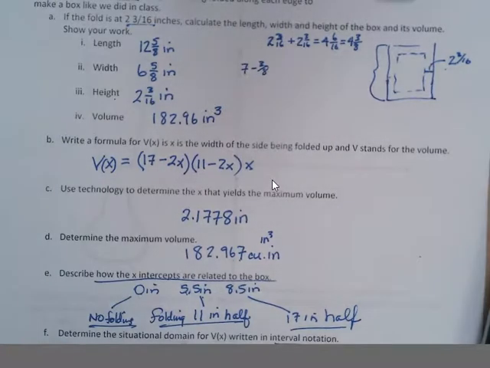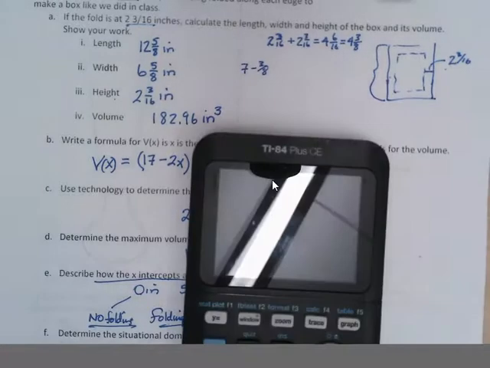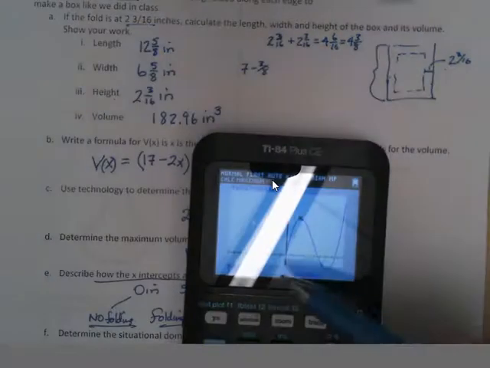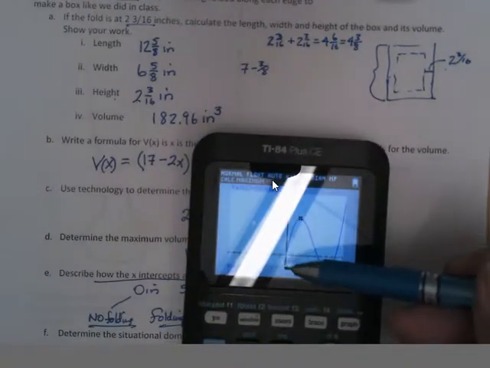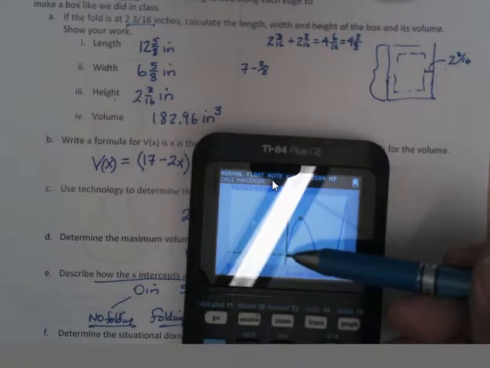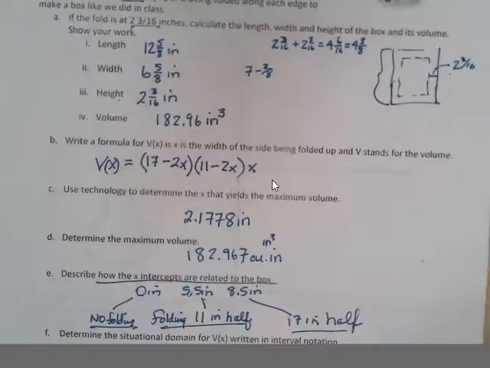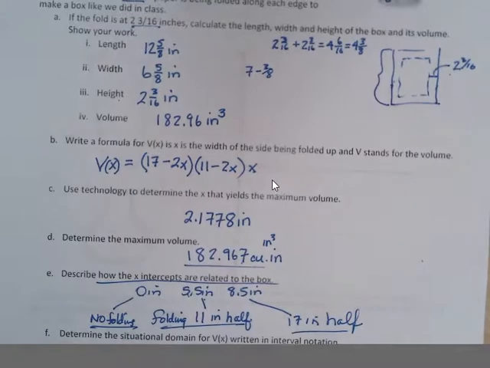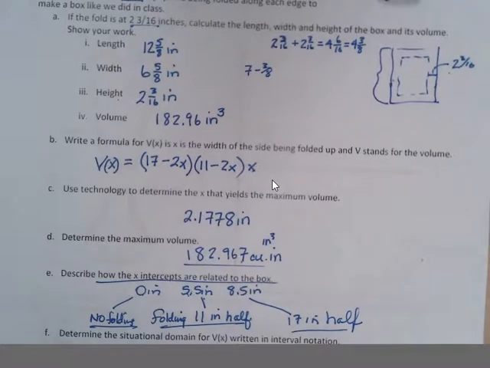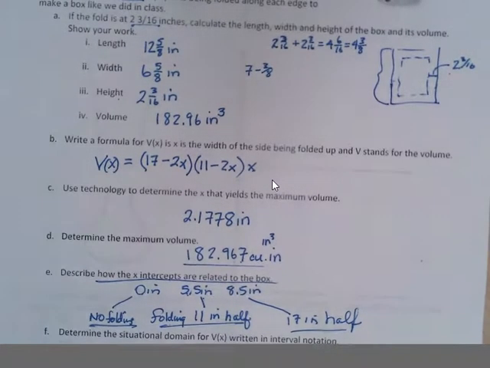So there's our domain interval, and the values we get on our graph between 0 and 5.5 are volumes from 0 up to that 182. So we'd get volumes that are something over 0 up to a volume that's approximately 182.967 cubic inches.